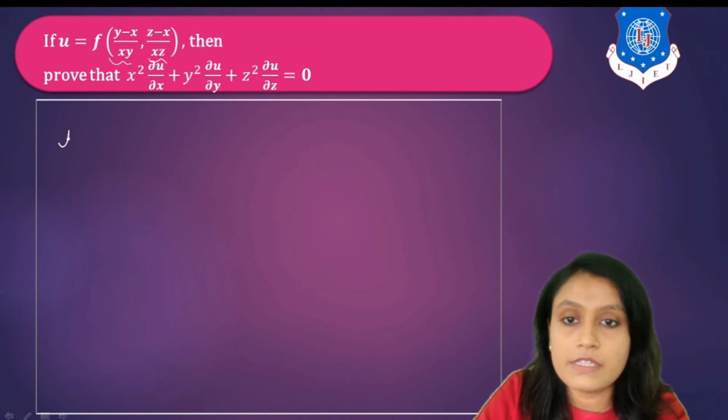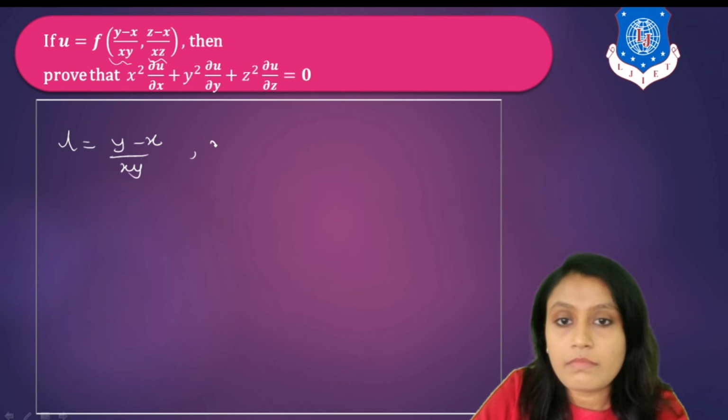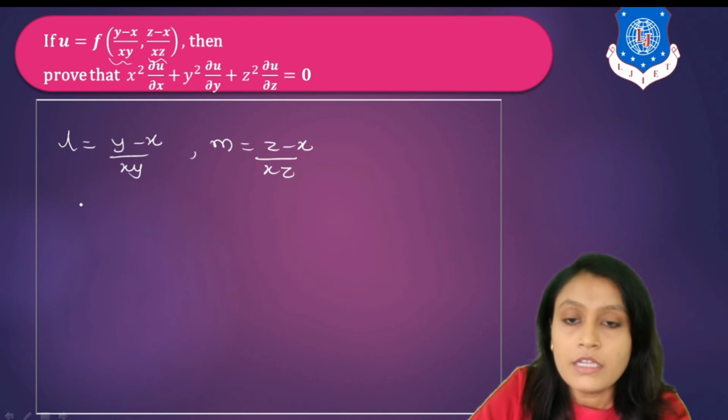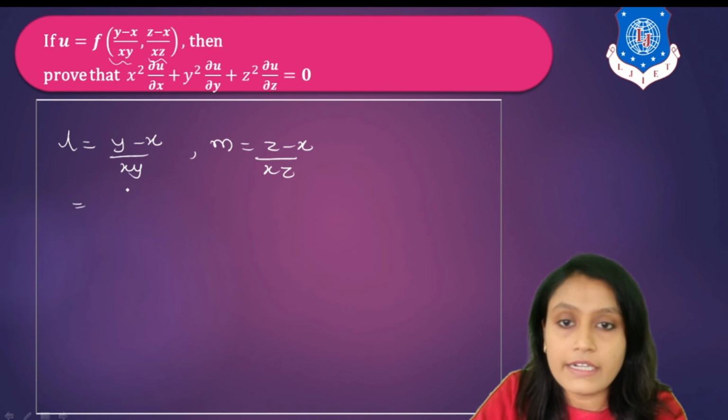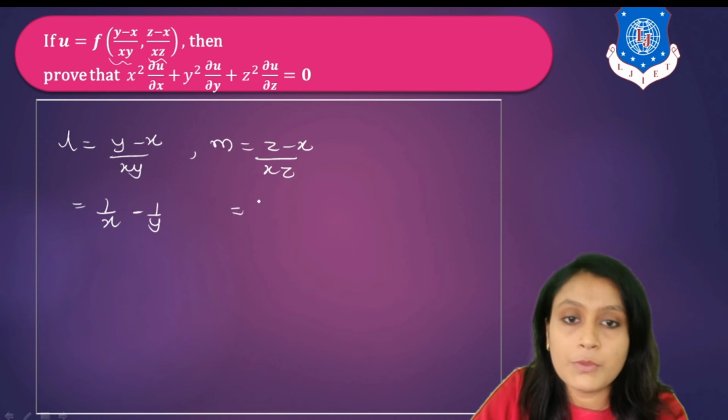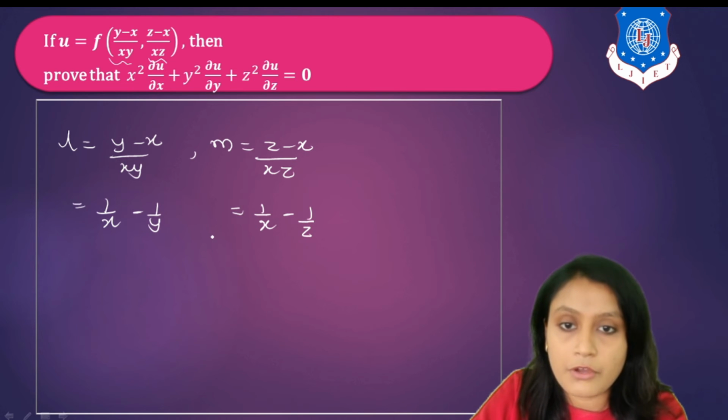Okay, so firstly we will suppose this (y minus x) upon xy as L and this (z minus x) upon xz as M. Just dividing individually, what you will get here is 1 upon x minus 1 upon y, and from here 1 upon x minus 1 upon z.